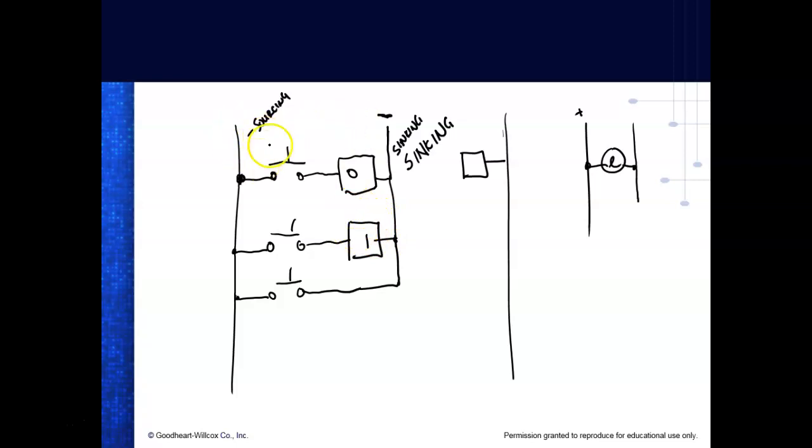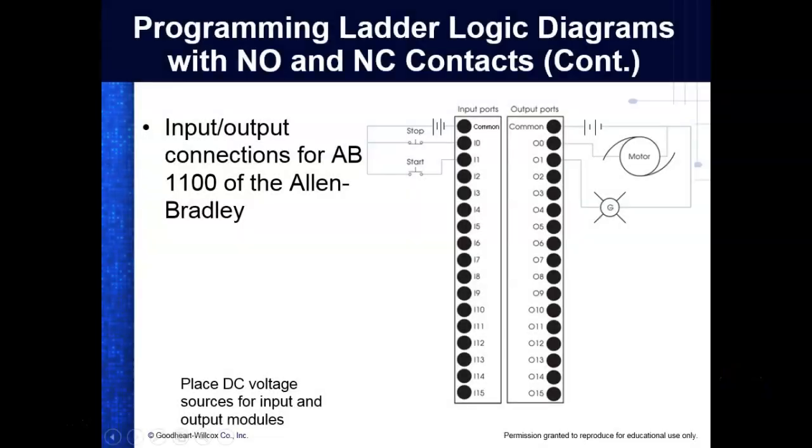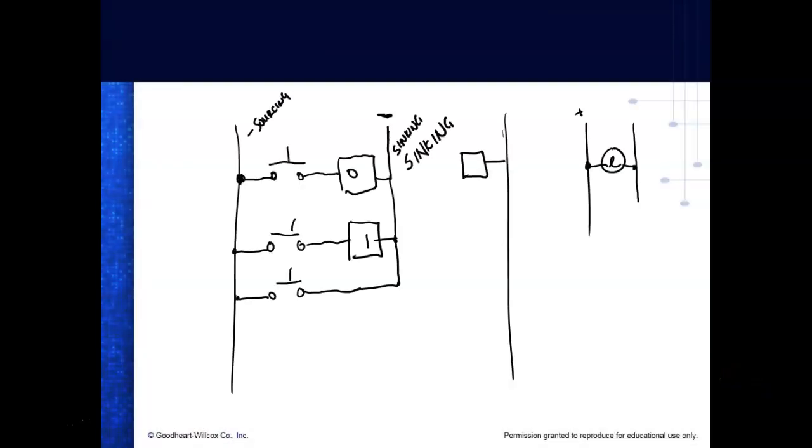If I'm going to use sourcing devices like a sourcing sensor, it's going to have a plus common, and then my PLC is going to have to run a minus common, right? Makes sense. So if I'm using sourcing input devices, my PLC input has to be syncing. If I'm using syncing input devices, my PLC input ports have to be sourcing.